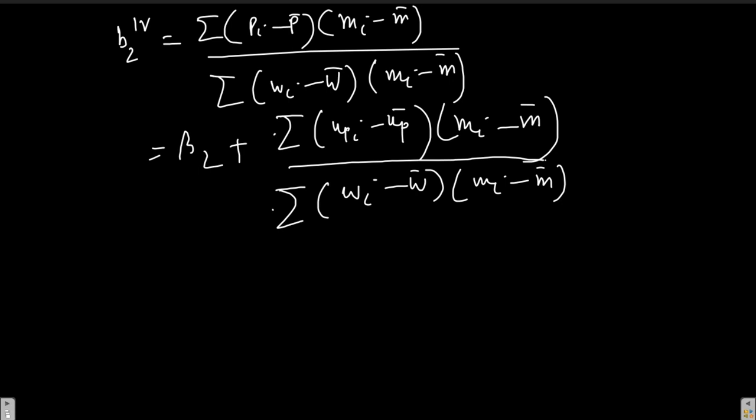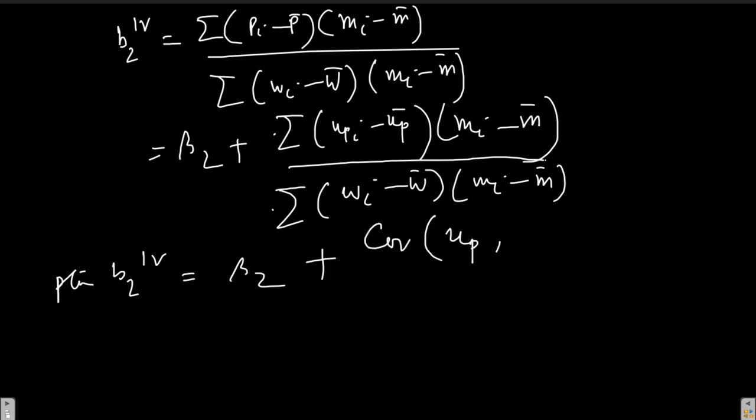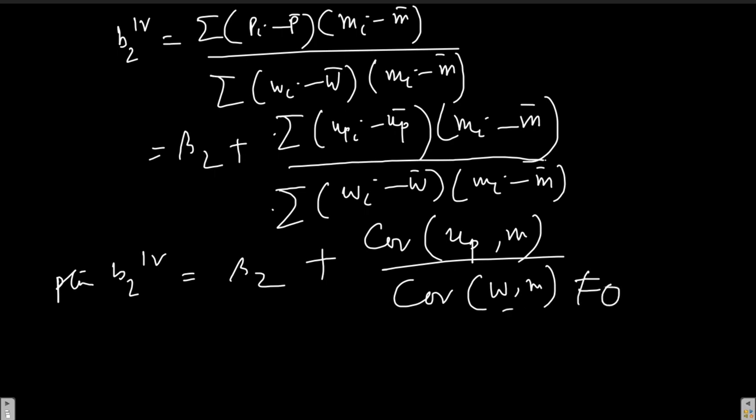So I'm going to have PLIM beta 2 IV, which is basically going to be beta 2 plus, after multiplying 1 by n in numerator and denominator, the covariance of UP and M in the numerator, and the covariance of W and M in the denominator. The covariance of W and M is not equal to 0 because the wage rate is related to the money supply.